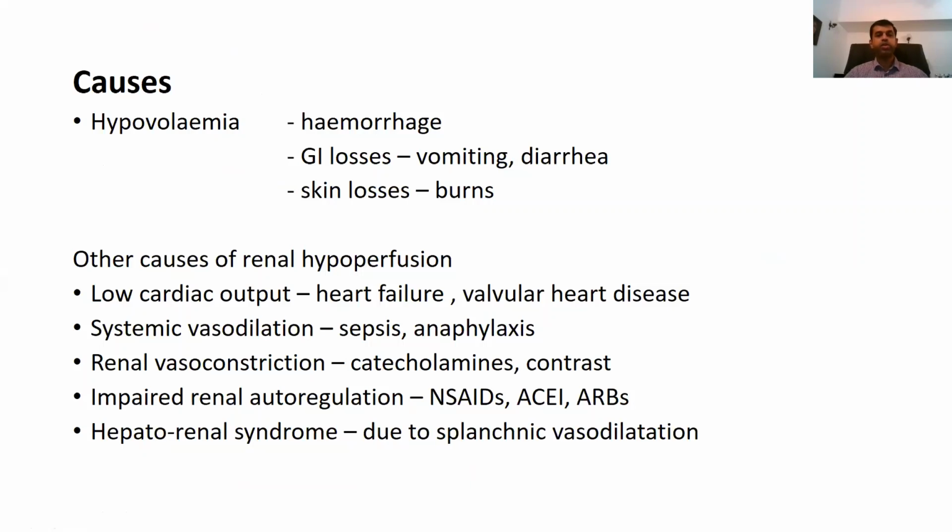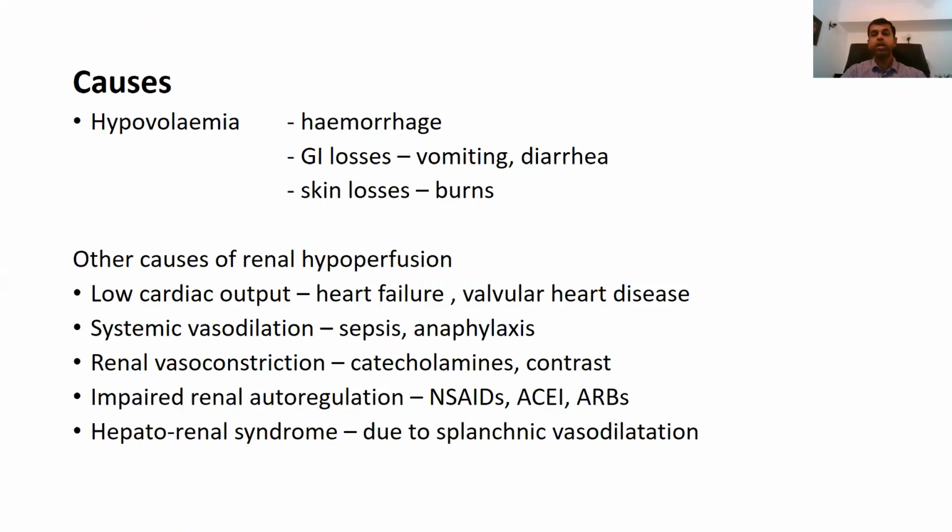Apart from that, other causes include any low cardiac output states, like heart failure and valvular heart disease; any condition that causes significant systemic vasodilatation, like sepsis and anaphylaxis; any condition that causes significant vasoconstriction, especially afferent vasoconstriction, where there is a high amount of catecholamines in the system; contrast nephropathy; impaired renal autoregulation if you are taking NSAIDs, ACE inhibitors, or angiotensin receptor blockers; or conditions like hepatorenal syndrome, where there is a lot of splanchnic vasodilatation.